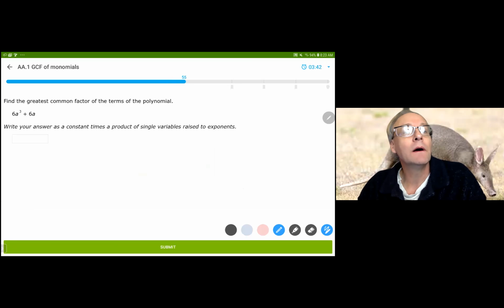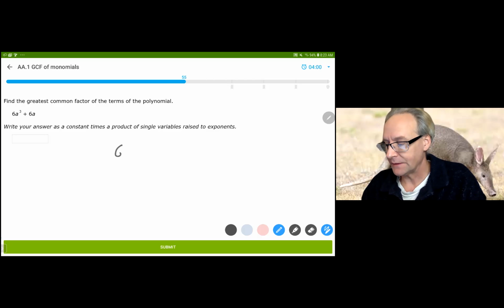In this one, oh, I see, we're supposed to factor it out. Okay, so we're supposed to factor out the greatest common factor. In this case, they both have a 6a, and this is a really good example. And here's what I'm going to do.